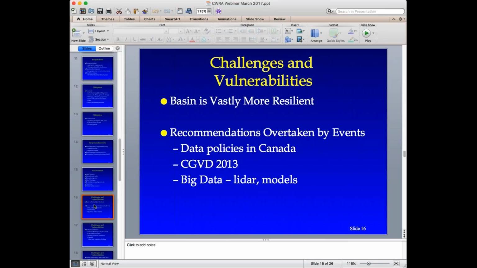There are recommendations of the IJC that have been taken over by events, which include the Canadian data policies. Those were changed. The other interesting thing that we discovered was that the Americans had changed their vertical datum to an Earth-centered datum prior to 1997, whereas Canada still had a mean sea level based datum.